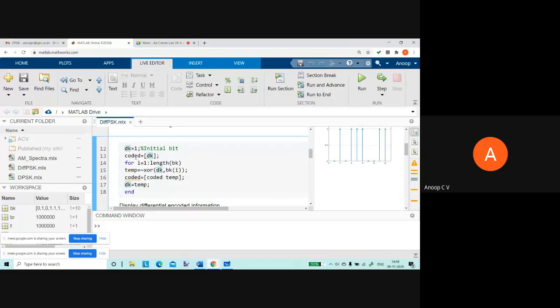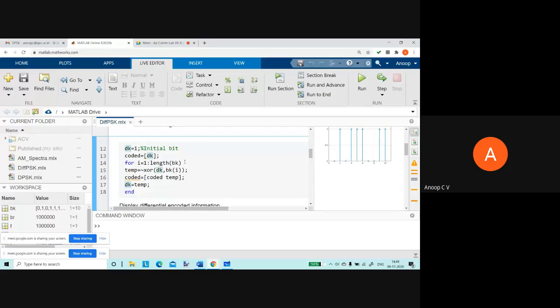One more thing: initially we had only 10 bits, but after differential encoding we'll have 11 bits. Please keep in mind this initial bit is required.